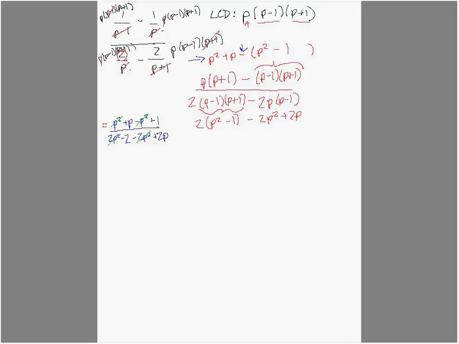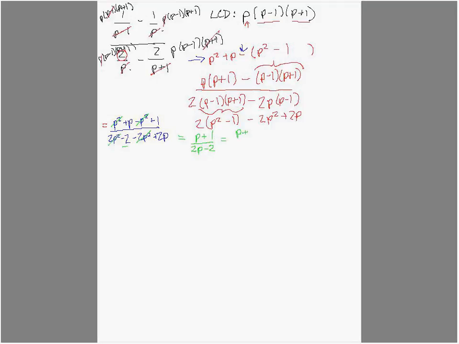Okay? So, what we're left with is going to be a p plus 1 over a negative 1 in front, just because I don't like to start with a negative. So I'm left with 2p minus 2. Okay, it's done. There's one more thing I see that we can do.